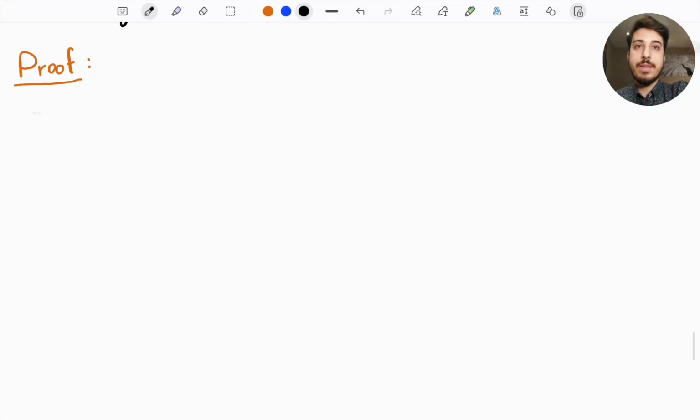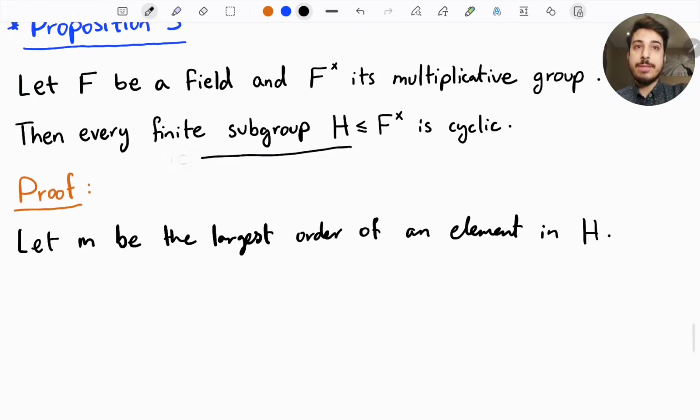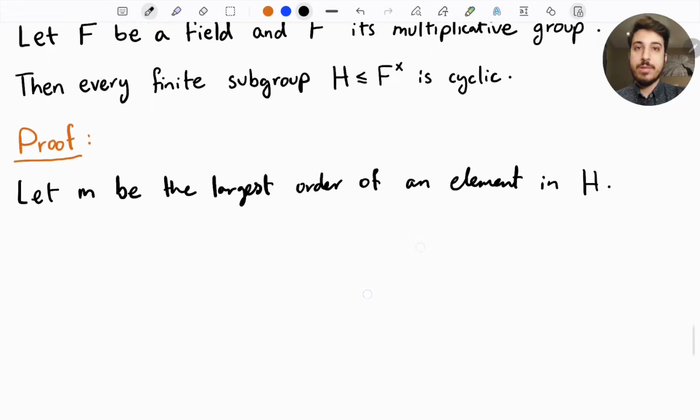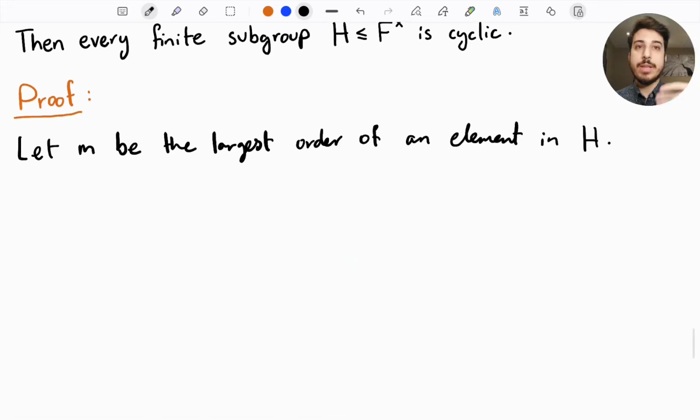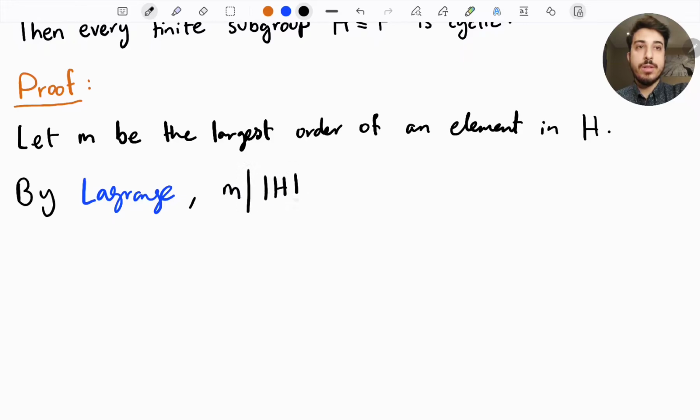To prove this, let M be the largest order of an element in H. We can take the largest order because we know that H is a finite subgroup, so there is no element with order infinity. Now by Lagrange, M must divide the order of the entire group.